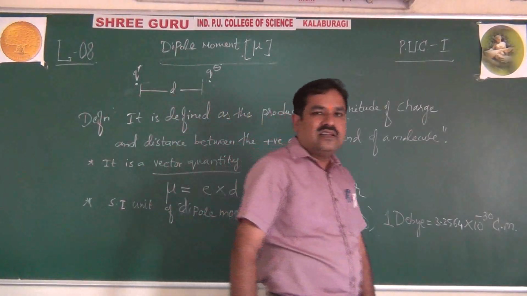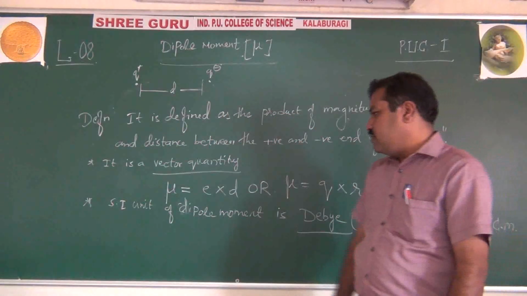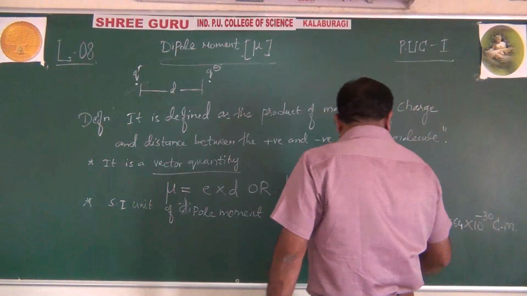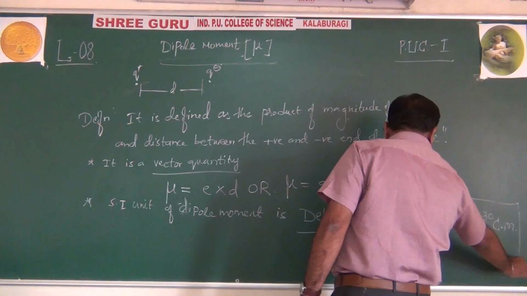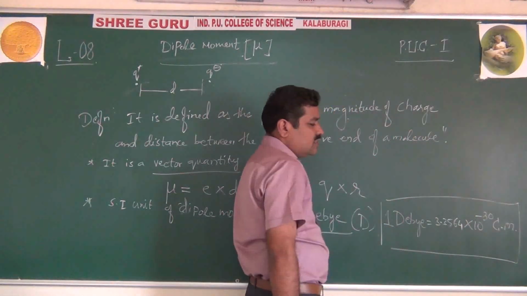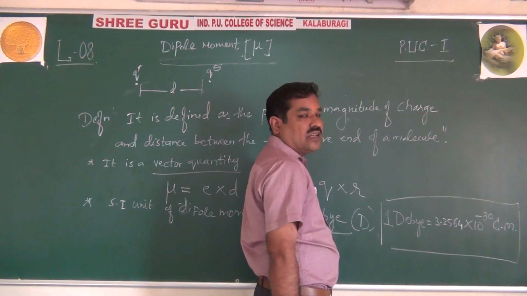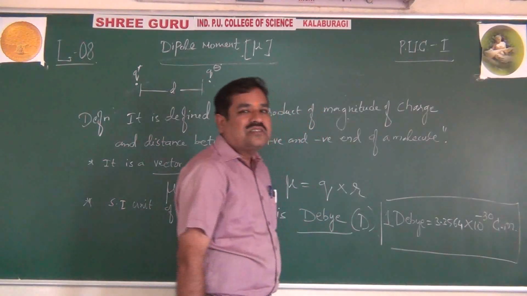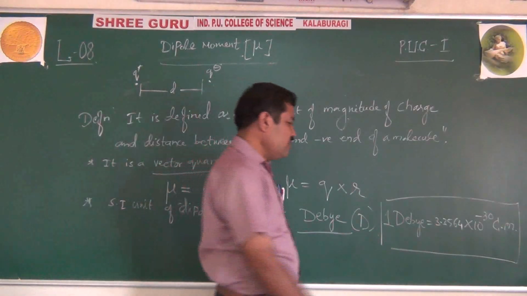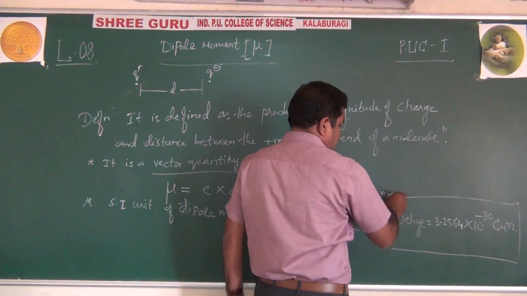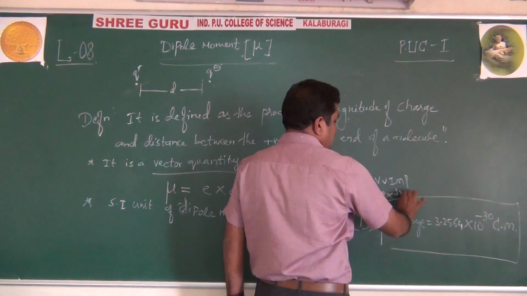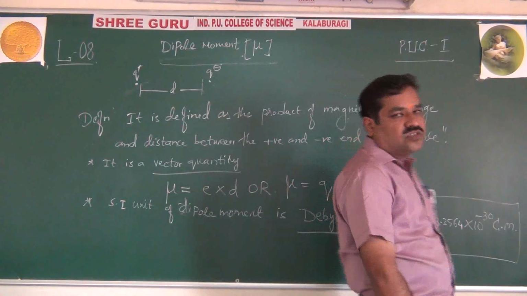Coulomb is the SI unit of charge and meter is the SI unit of distance, that's why coulomb meter. Its value is also 10 raised to minus 18 ESU, electrostatic unit, in the CGS system, and coulomb meter in the SI system. Very important for 1 mark theory, even for CET also.